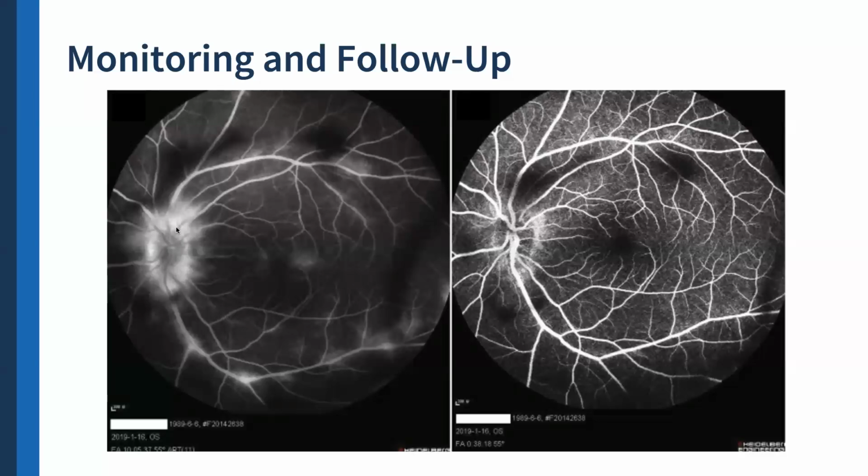But for clinical purposes, the crude way is just to get another FA and just put the two FAs side by side and then just sort of compare what has changed. So here is a patient with retinal vasculitis that underwent treatment with steroids, and this is also a helpful way for you to show patients that your treatment is working.